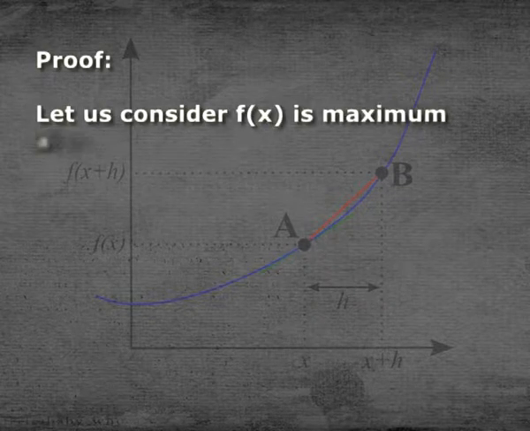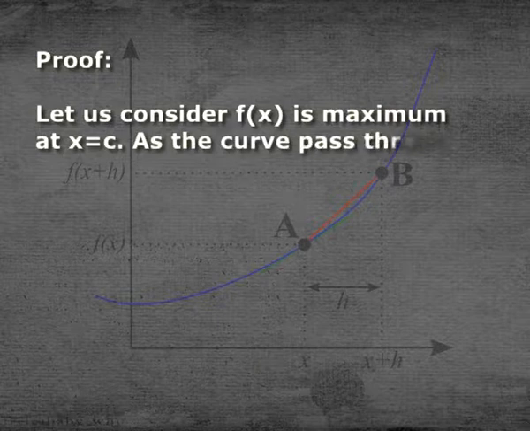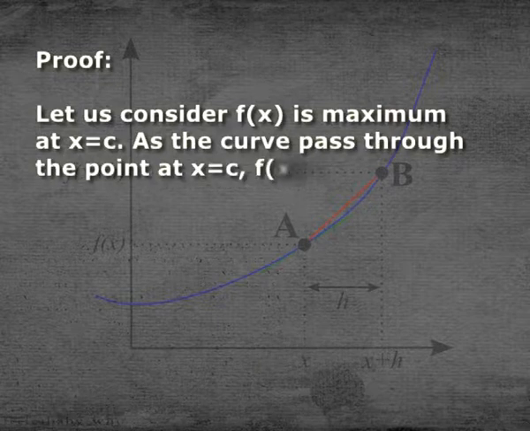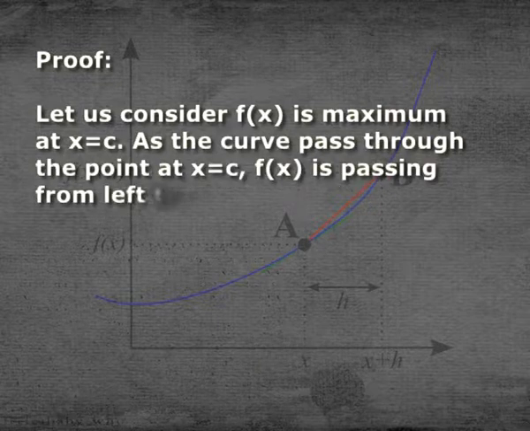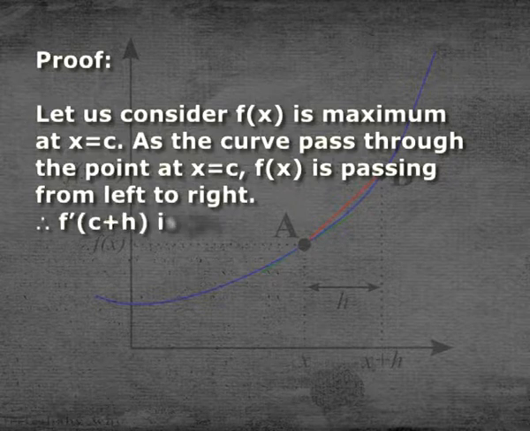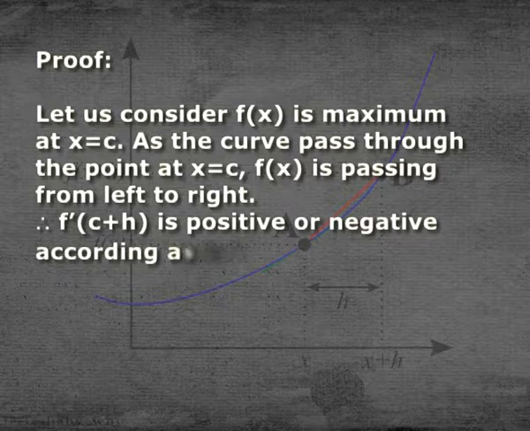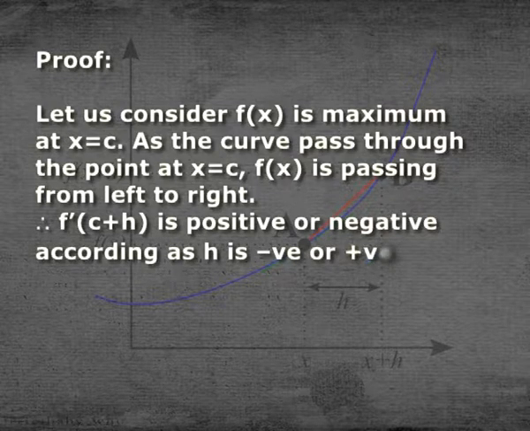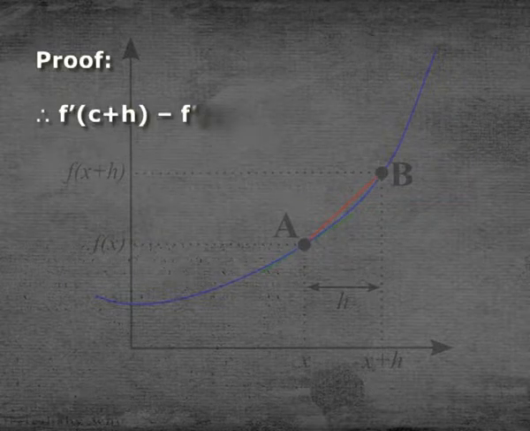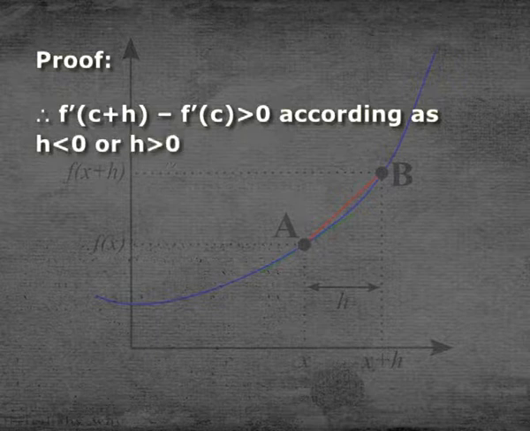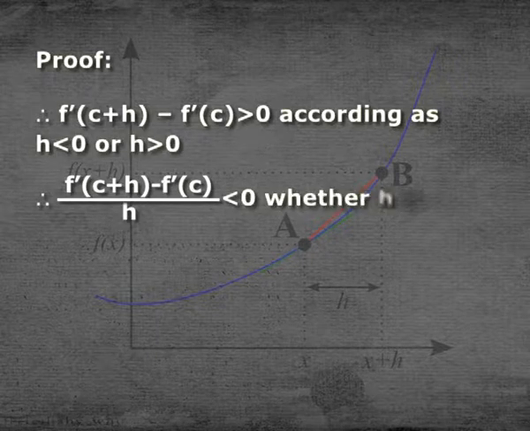Let us consider f(x) is maximum at x equals c. As the curve passes through the point at x equals c, f(x) is passing from left to right. f dash (c plus h) is positive or negative according as h is negative or positive. So f dash (c plus h) minus f dash c is greater than 0 or lesser than 0 according as h is lesser than 0 or h is greater than 0.